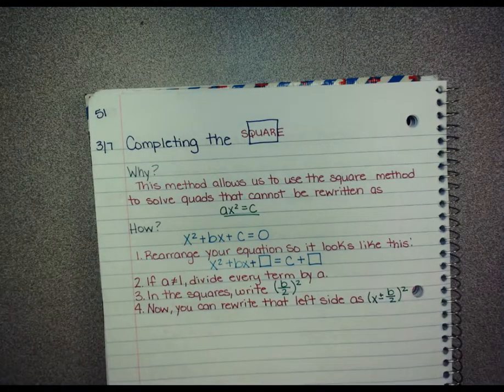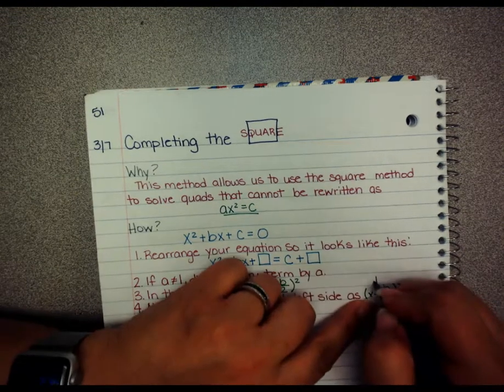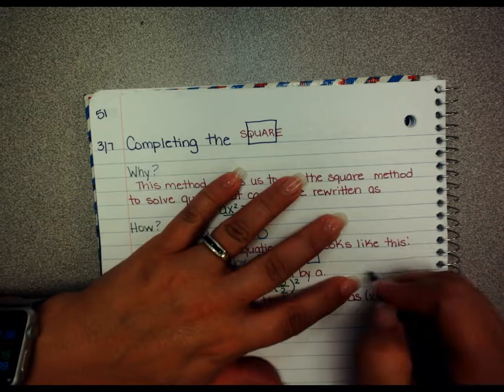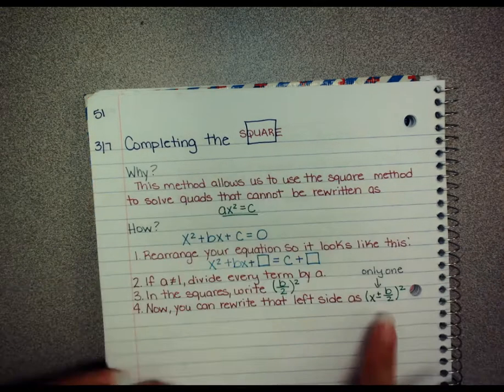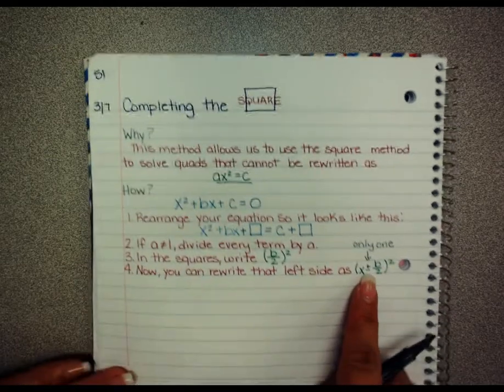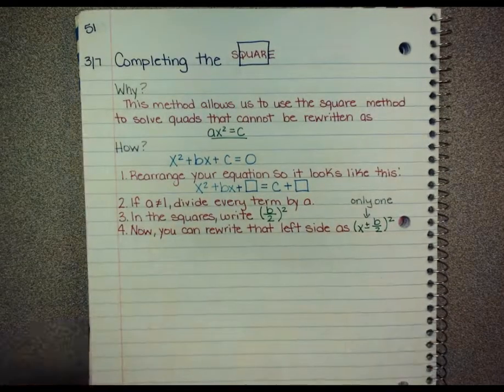What's very important about this is that for this plus or minus here, you have to pick the right one. It's only one, and you have to choose whichever one goes in there based on what your factors are.